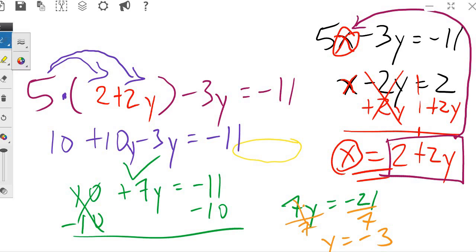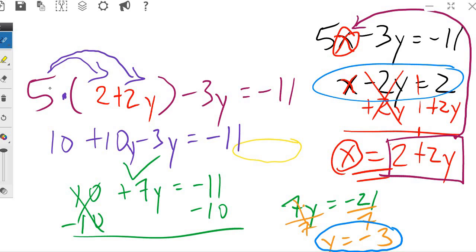Now that we found out y is equal to negative 3, we're going to take this and substitute, replace y with negative 3. So let's do this first: we have x minus 2 times y. Remember, we're replacing y with negative 3. We found that is equal to 2. And then distributive property.